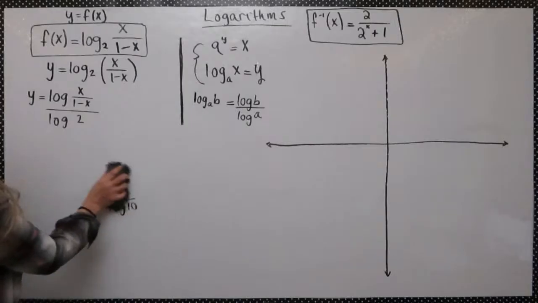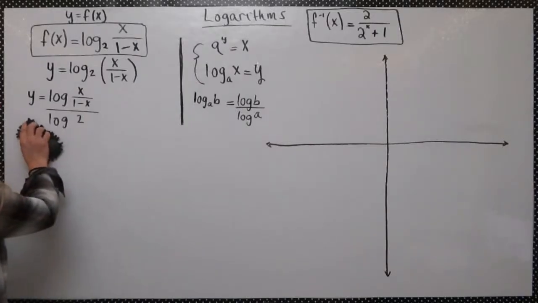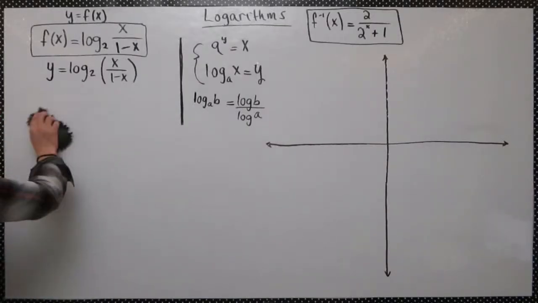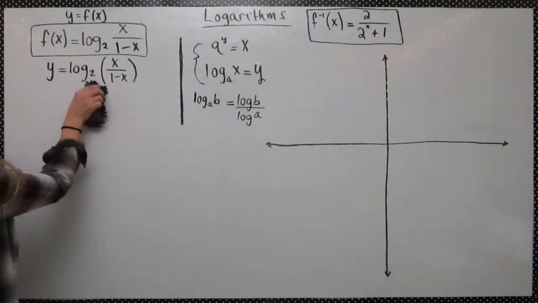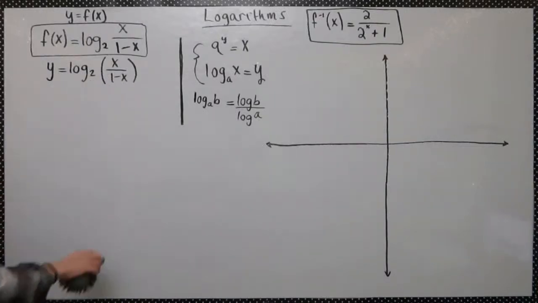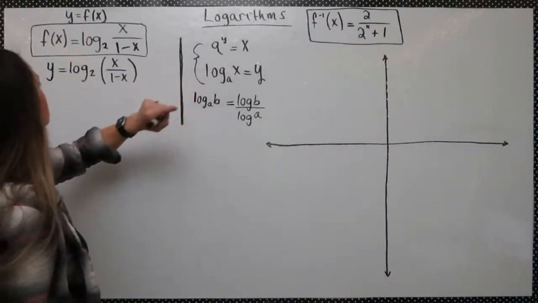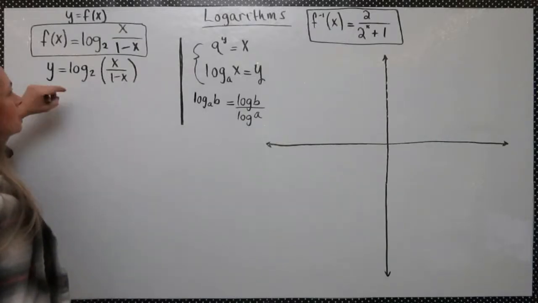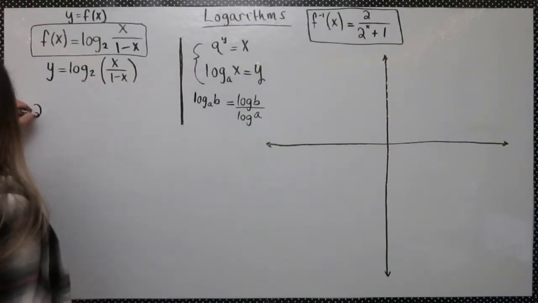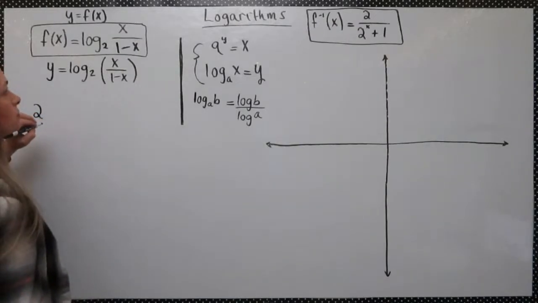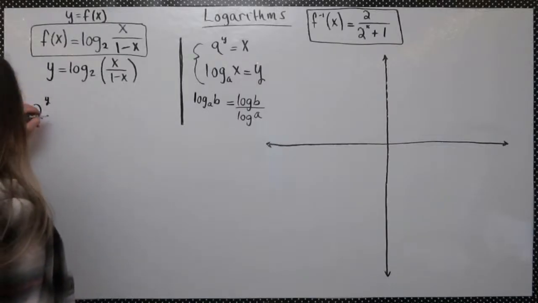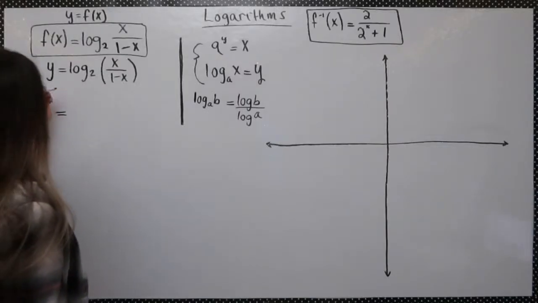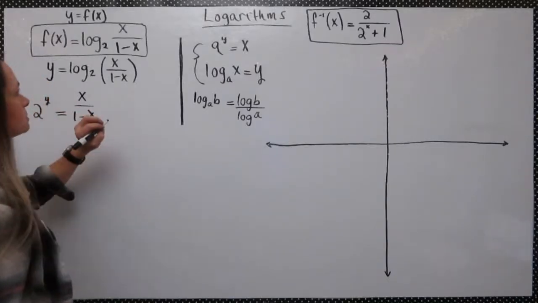Let's go back to our original problem here, this one. And we're going to convert it to this form. So we're going to say 2 to the Y is going to equal x over 1 minus x. I think that's what it was.